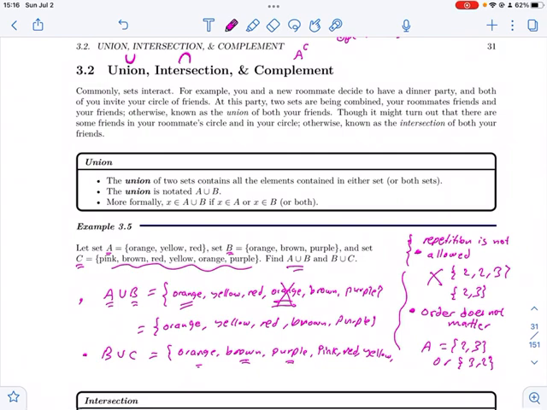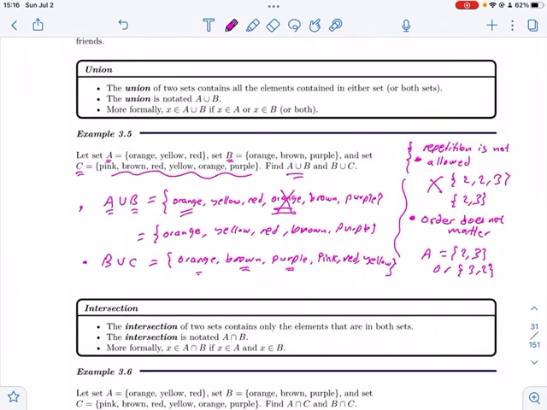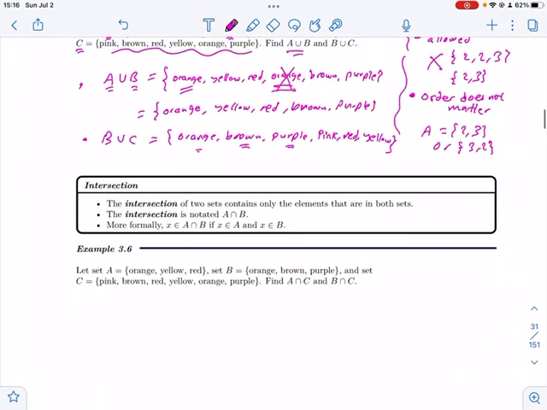Now we have intersection. This is the symbol we use. The intersection of two sets contains only the elements that are in both sets, the common elements. So if an element belongs to the intersection, then it belongs in both of the two sets.